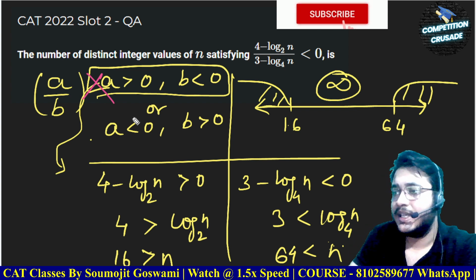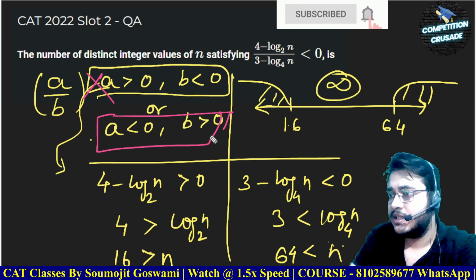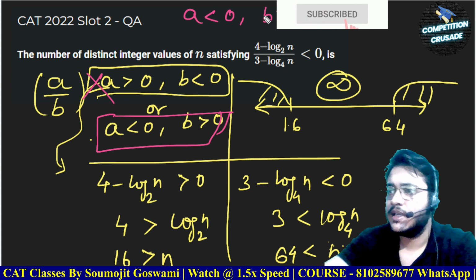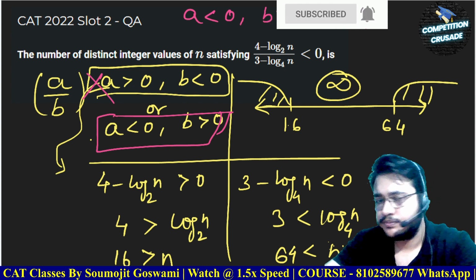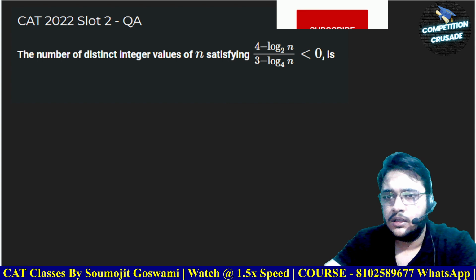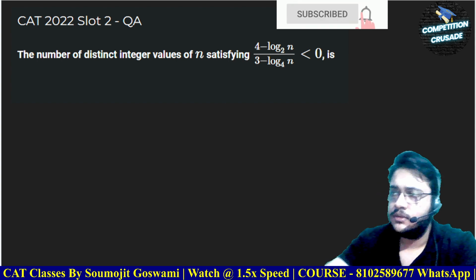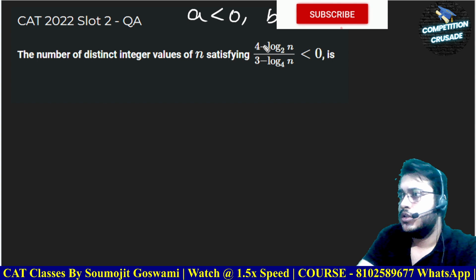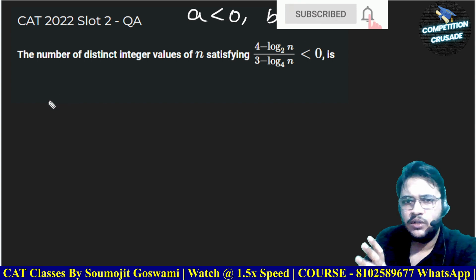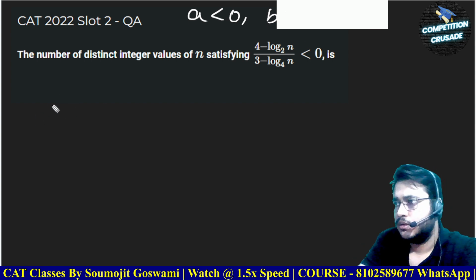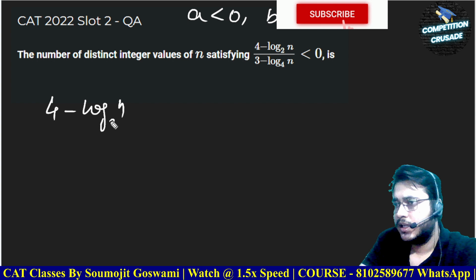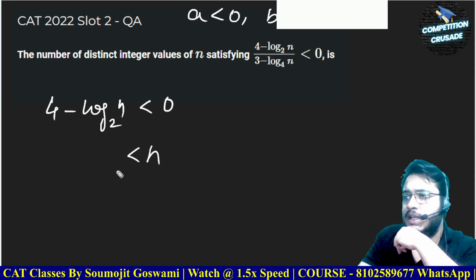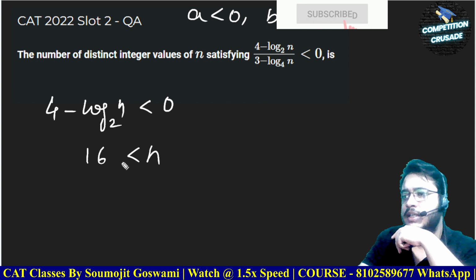The second case, where a is less than 0 and b greater than 0. This is our case. So when a is less than 0, which is 4 minus log n base 2 less than 0, n is greater than 16.